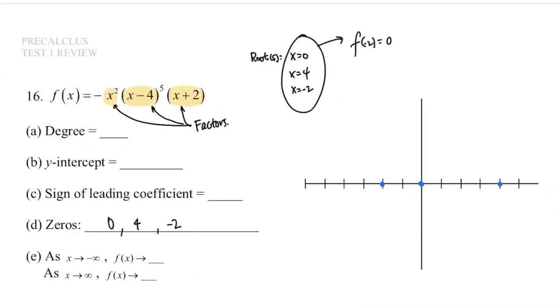Now, I'm going to give out the first warning for this problem. Okay. My first warning is this. These 3 are your x-intercepts. They are your zeros. I repeat, these 3 dots are your x-intercepts.